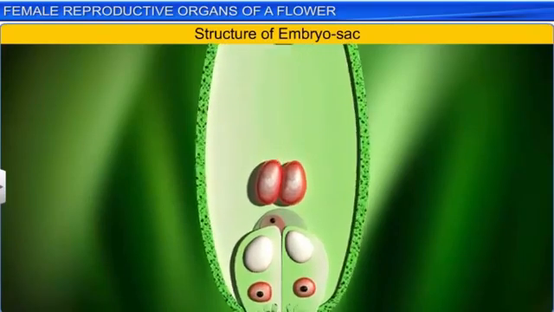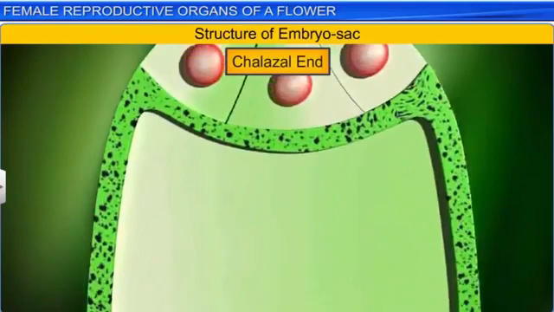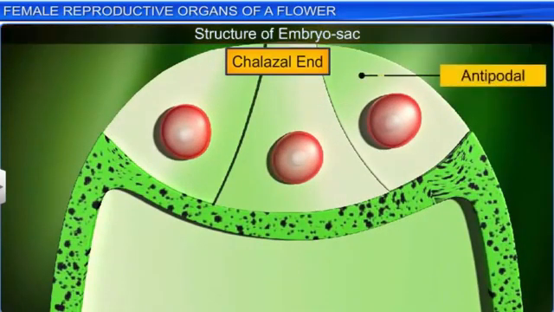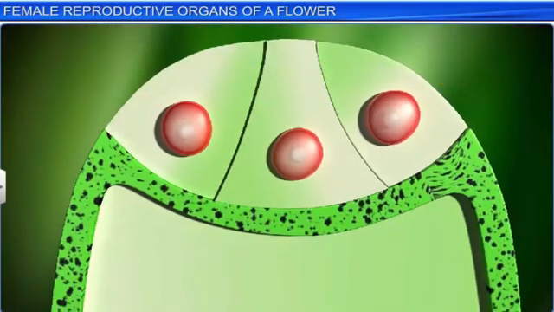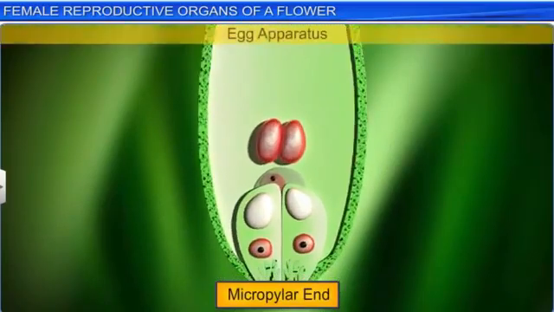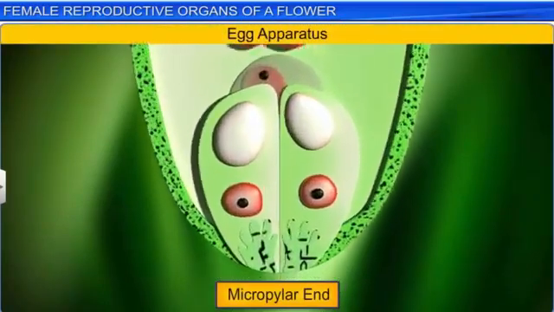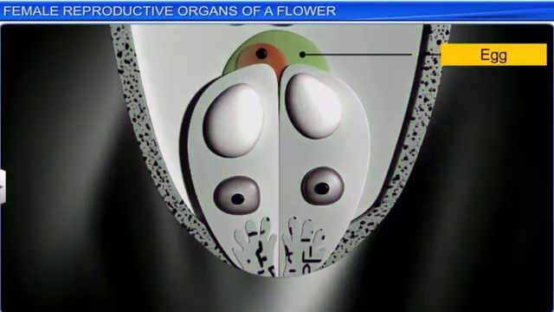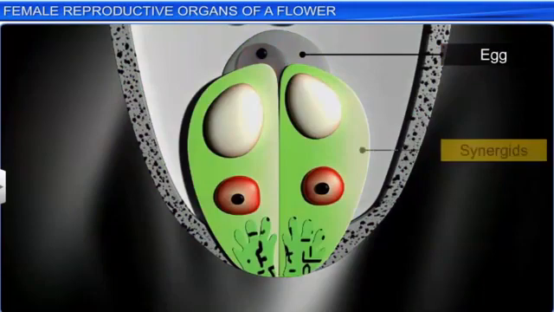The 3 cells present at the chalazal end, for instance, group together to form the antipodal cells, which do not have any specific function, whereas the 3 cells at the micropylar end group together to form the egg apparatus. While one of the cells functions as an egg or the female gamete, the other 2 cells are called synergids.